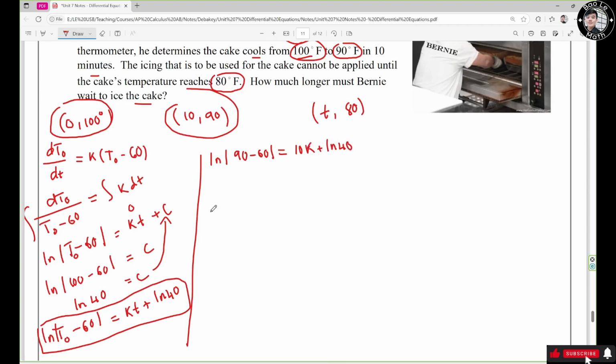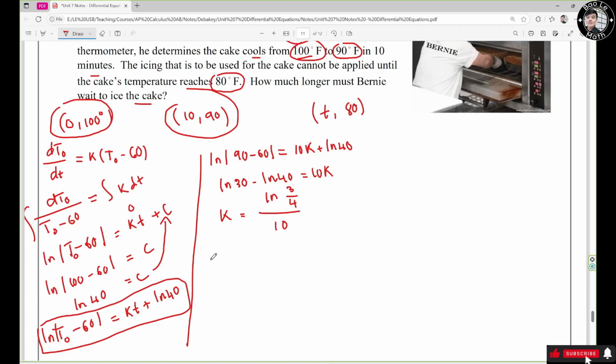So it is natural log of 30 minus natural log of 40 equals 10k. So k equals natural log of 30 over 40, which is 3 over 4, divided by 10.